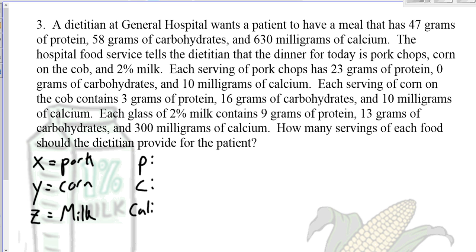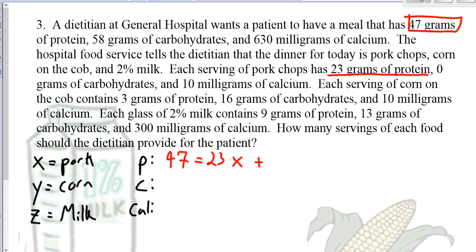Okay, so my protein equation. My protein equation is going to be using the things that I know about protein. So they must have 47 total grams of protein. And I know from the pork chop, they are going to get 23 grams of protein.